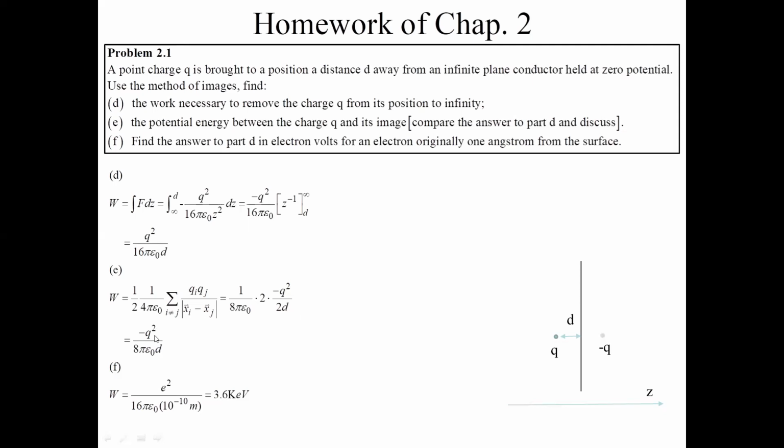This is because there is actually no image charge in reality. So in this region, the field is actually equal to 0. Here we just overcalculate the energy of the image charge area. So you will find the difference between these two.